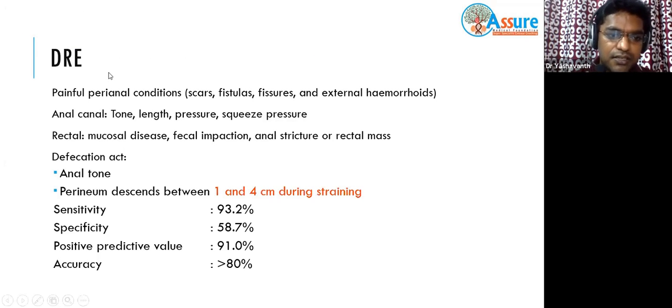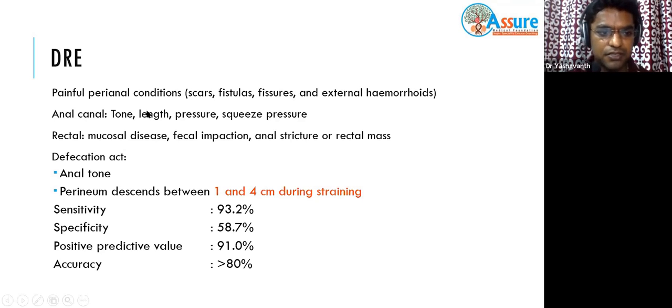Next is digital rectal examination. This is quite important as a gastroenterologist, because it will give us a clue, with more than 90% sensitivity, especially for dyssynergic defecation. I'm not going into detail on what you need to look for.